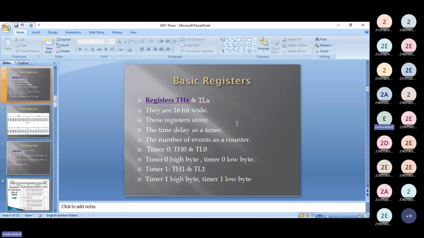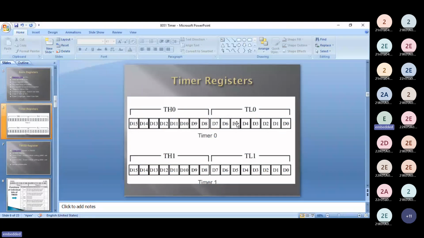Timer 0 has TH0 and TL0, the Timer 0 high byte and Timer 0 low byte. Timer 1 has TH1 and TL1, the Timer 1 high byte and Timer 1 low byte. So here we can see the timer registers for Timer 0 and Timer 1.